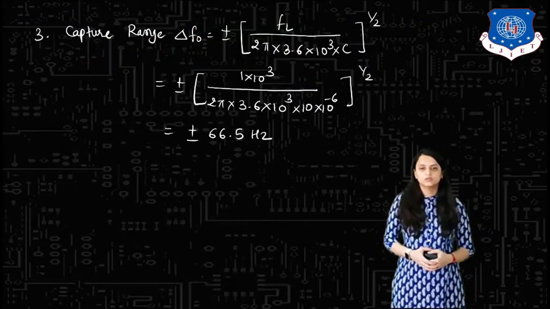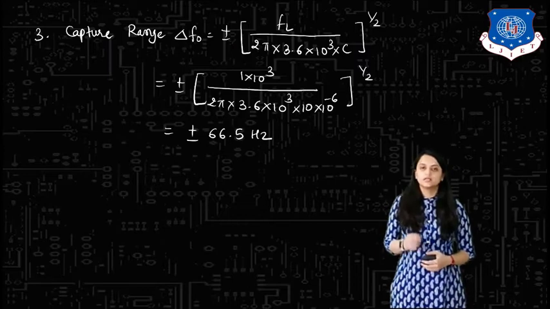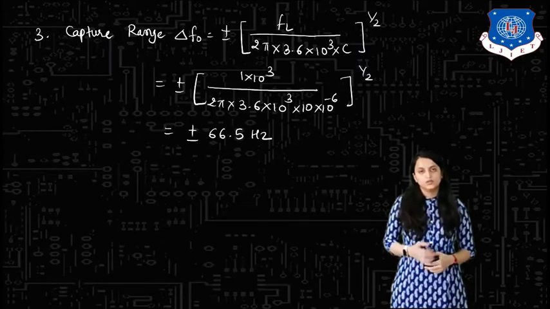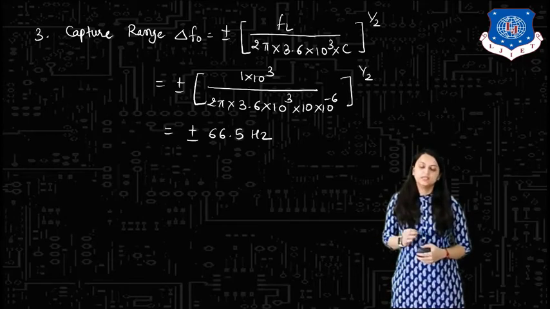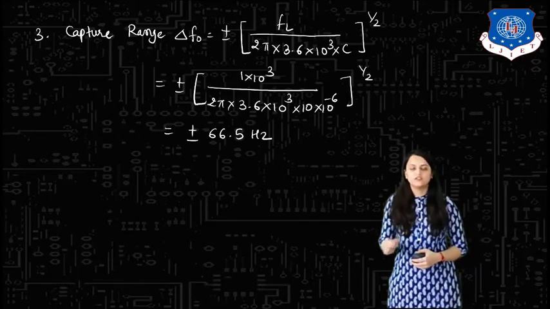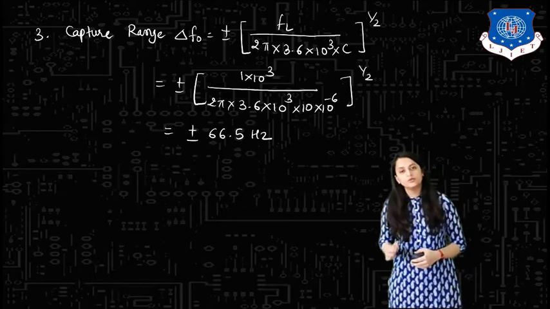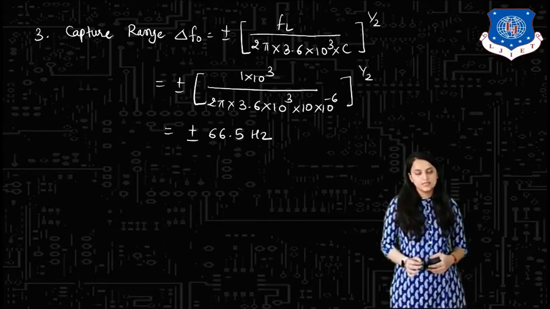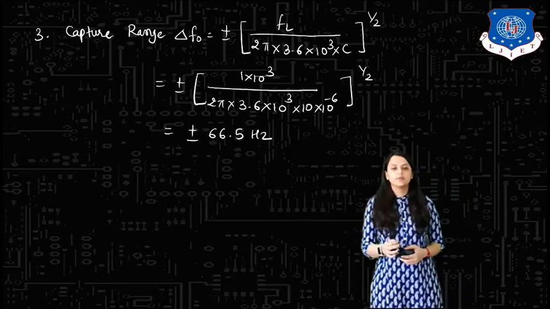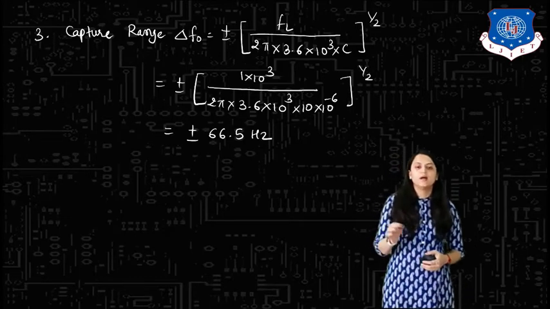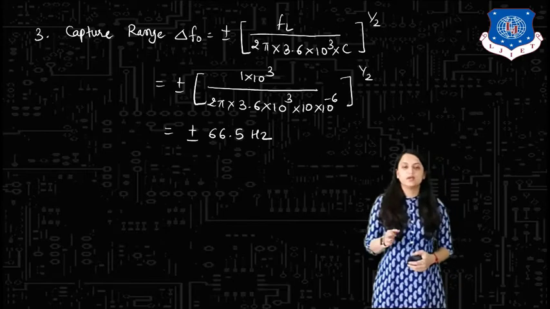Now, the third one is capture range. The formula for that is delta FC equals plus or minus square root of delta FL divided by 2 pi into 3.6 into 10 raised to 3 into C raised to 1 by 2. Here the capacitance value is 10 microfarad, that is 10 into 10 raised to minus 6.